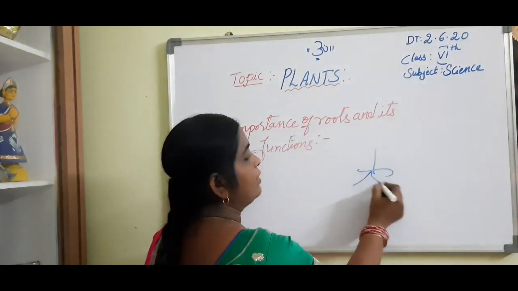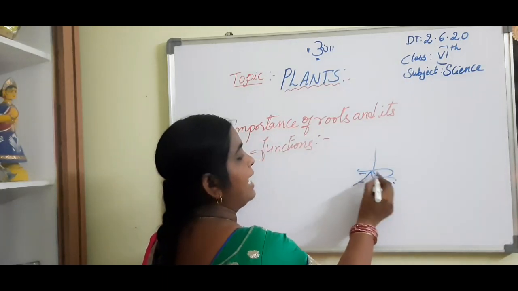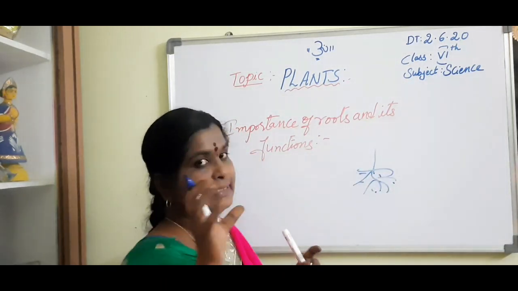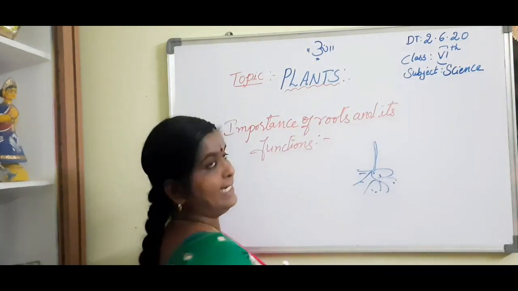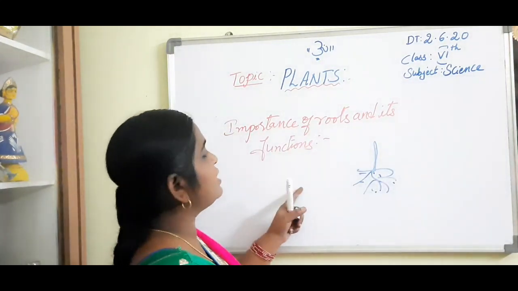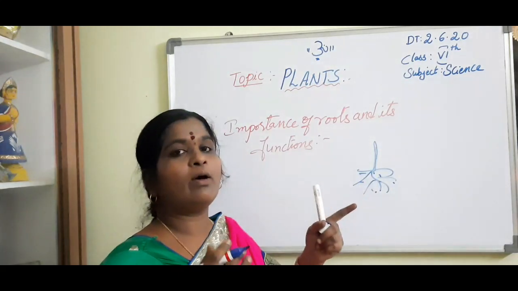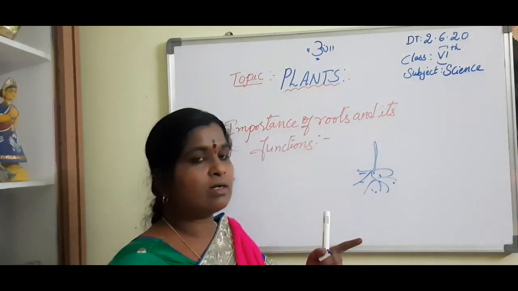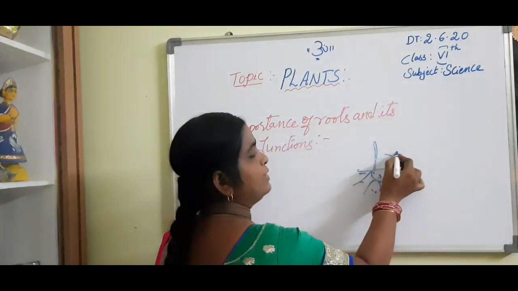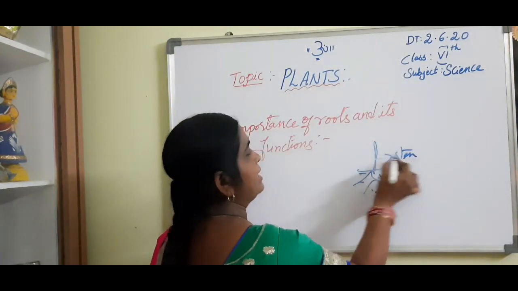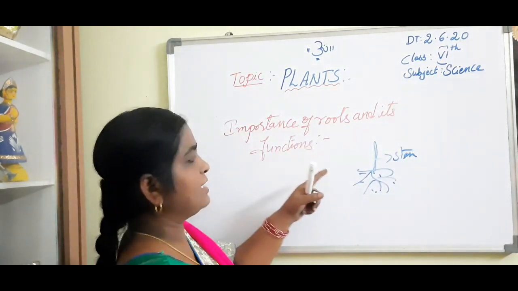It fixes the soil firmly and helps the plant stand erect. Its function is that all the water and mineral salts in the soil are sent to the stem. This is the importance and function of the roots.